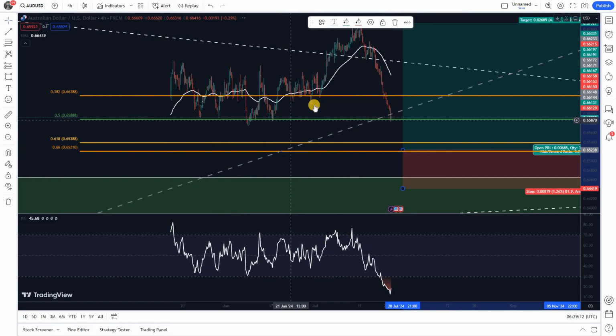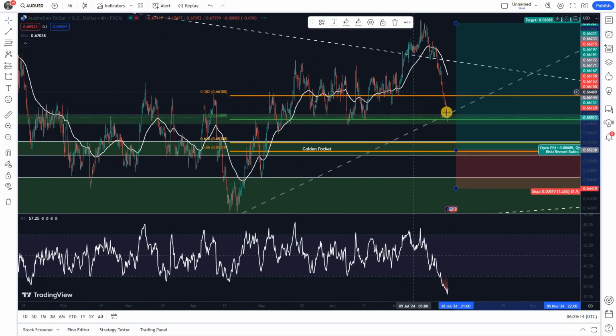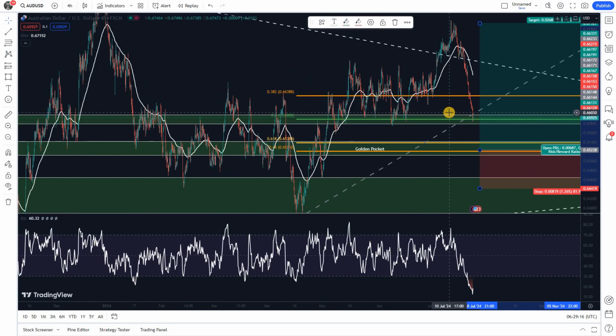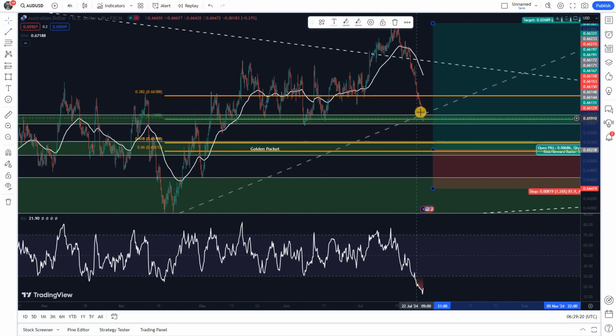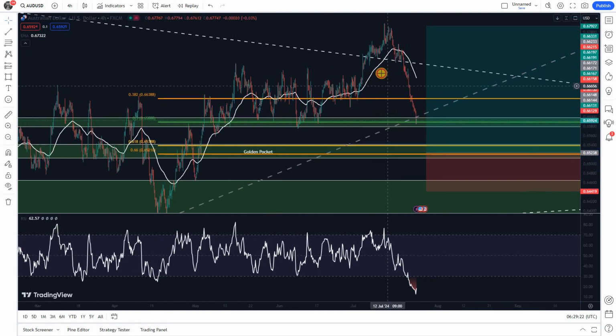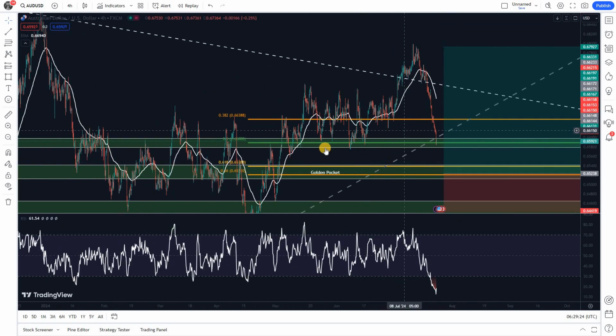Now I can go to the 4-hour chart. Here we can see the market is moving in that direction. This is the area as well where we can take the trade, and it will maybe come here, but this is not that strong. We can plan 2 trades here.